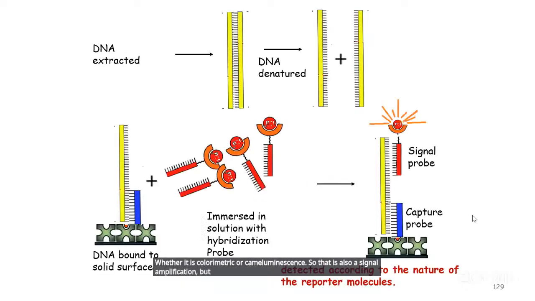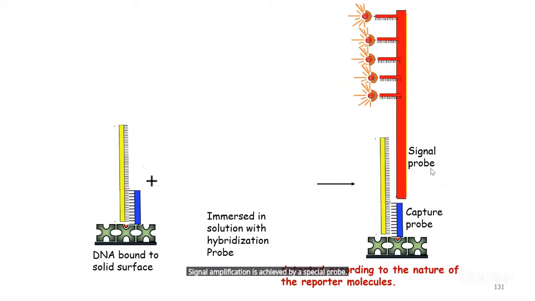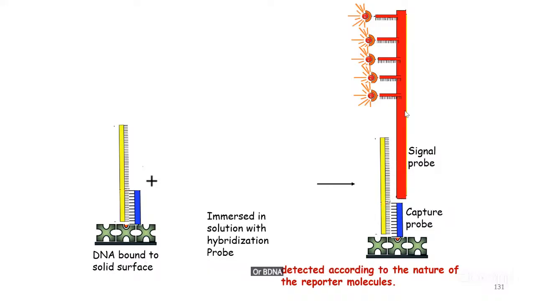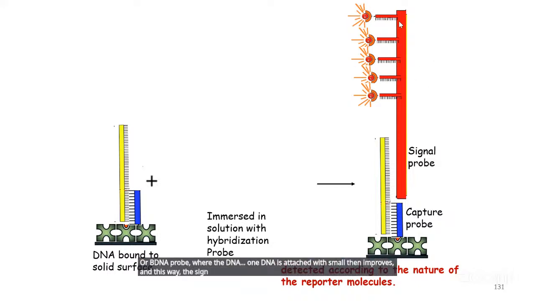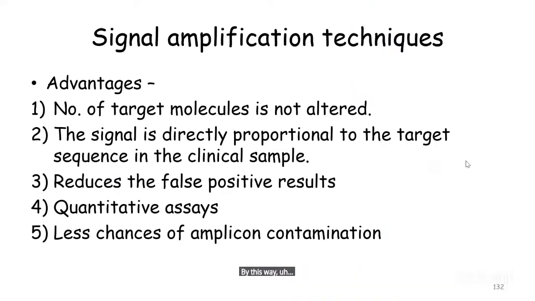But classically, signal amplification is achieved by a special probe that is called branch DNA probe, or bDNA probe, where one DNA is attached with small DNA probes, and this way the signal is enhanced. Each branch of the DNA has one reporter molecule. In this way, no target amplification is there, and it can be quantitative.